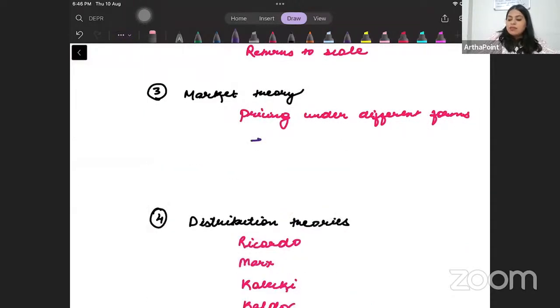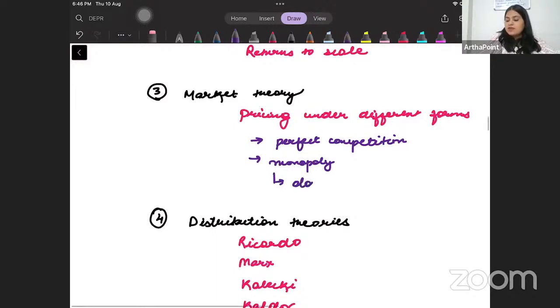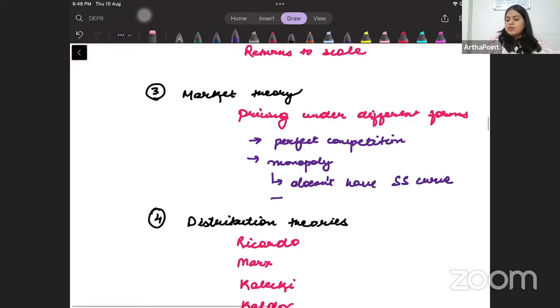So you should be aware about the equilibrium in perfectly competitive market, equilibrium in monopoly, why monopoly does not have a supply curve, बहुत कुछ है monopoly में, सब कुछ पता होना चाहिए. Lerner's index, I am just giving you some examples, etc.